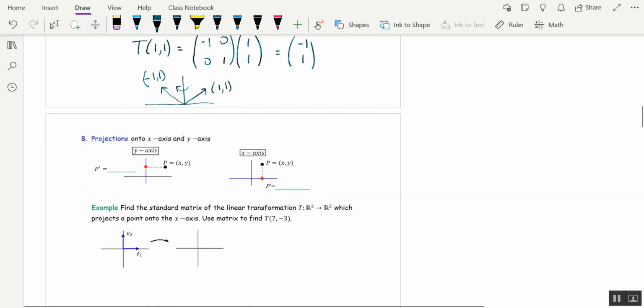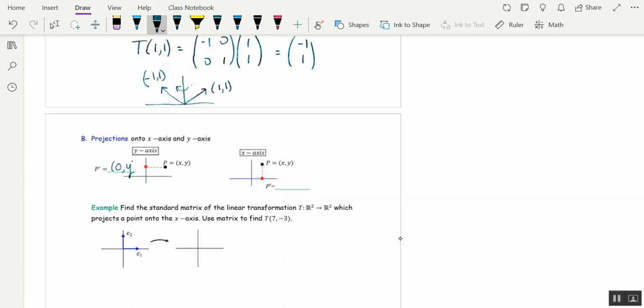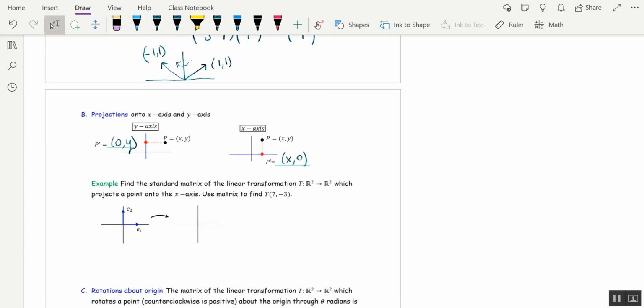Okay, let's talk about projections. If we want to project onto the y-axis, then we're going to annihilate x. So 0, y stays the same. And if we want to project onto the x-axis, x sits there and y gets squashed. So x, 0. So for example, find the standard matrix of the linear transformation that projects points onto the x-axis.